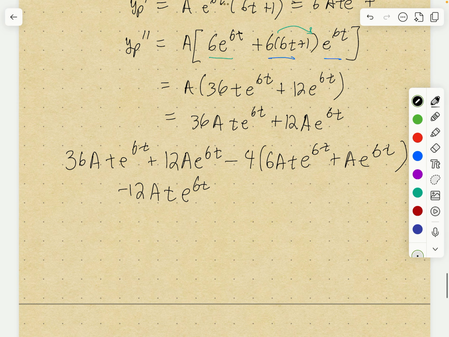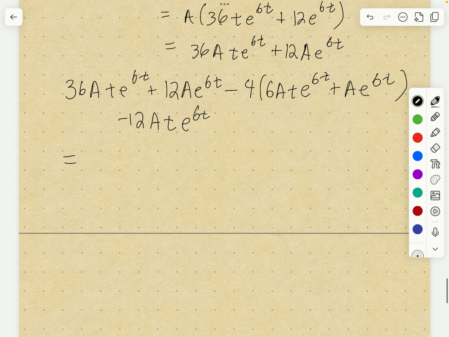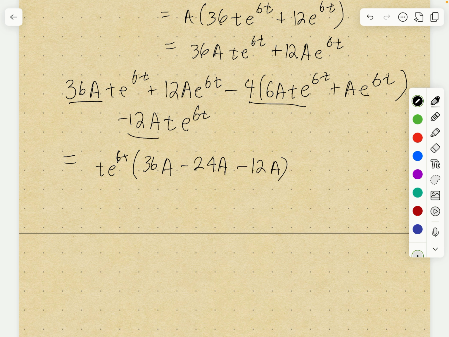Okay, let's simplify this. Let's gather the t e to the 6t terms together. You're going to get 36a minus 24a and then minus 12a. Oh, that actually ends up being 0.